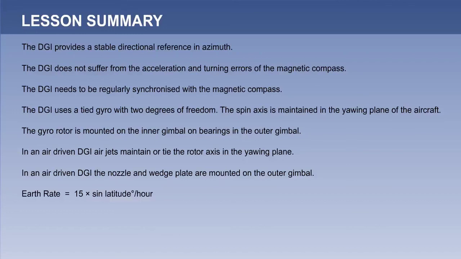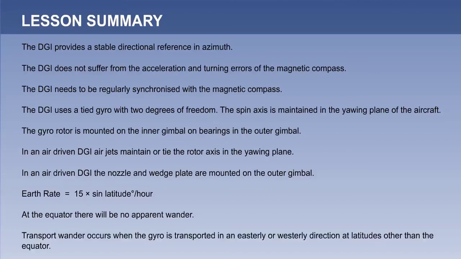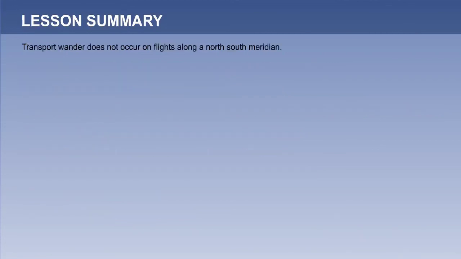The formula for earth rate is: earth rate equals 15 degrees times the sine of the latitude, in degrees per hour. At the equator, there will be no apparent wander. Transport wander occurs when the gyro is transported in an easterly or westerly direction at latitudes other than the equator. Transport wander does not occur on flights along a north-south meridian.